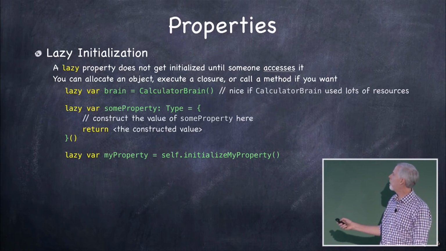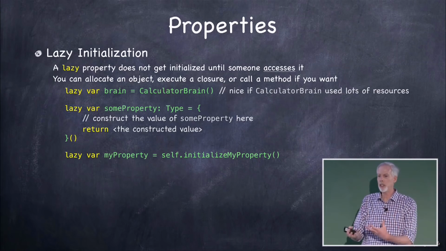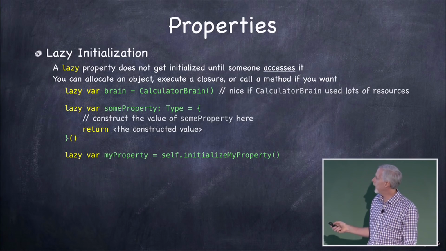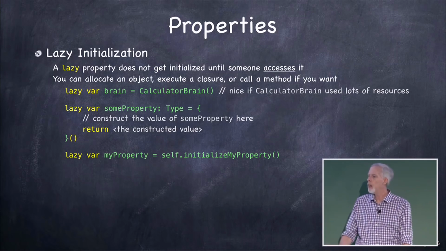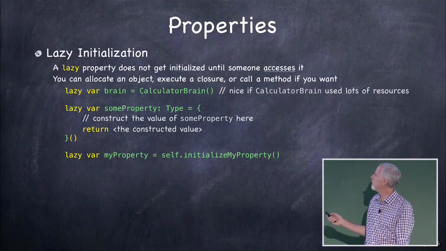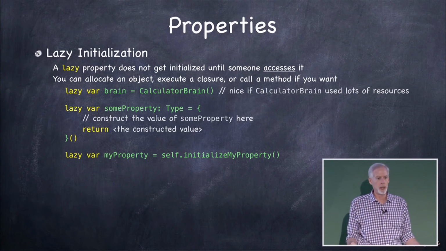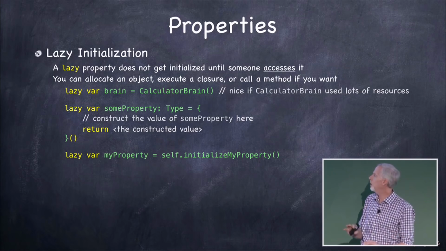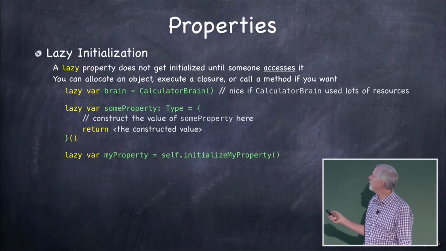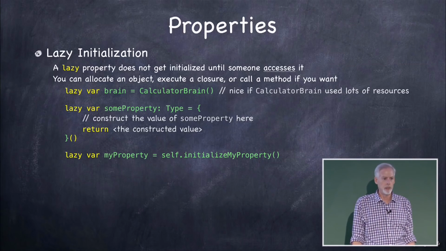And this is part of your initialization, so it's a catch-22. You can't do it. But if you make this lazy, now you can, because it's not actually going to happen until after you're fully initialized and someone comes along and tries to access my property. No one can access my property before you're initialized anyway. So once you're fully initialized, someone accesses my property, lazy, boom. This method would get called to initialize you.